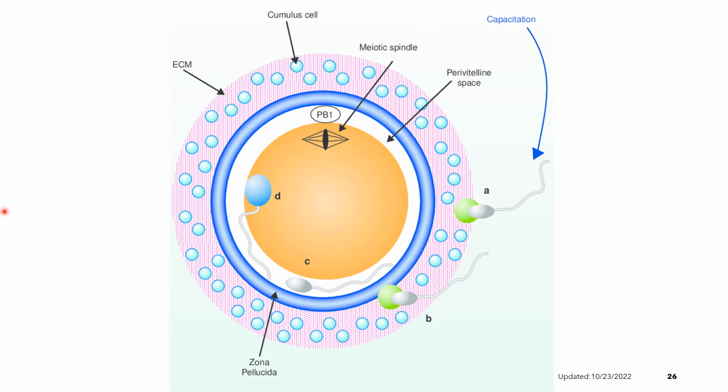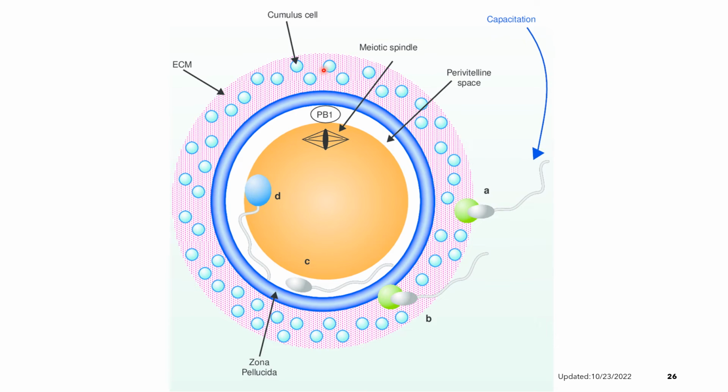So in this diagram, now we have here a structure showing the follicle cells. So this one in blue here is the follicle cells, and of course this is the oocyte, or the ovum, or the ova.